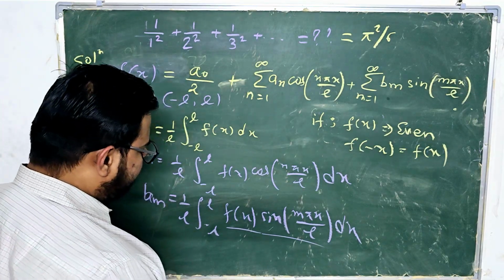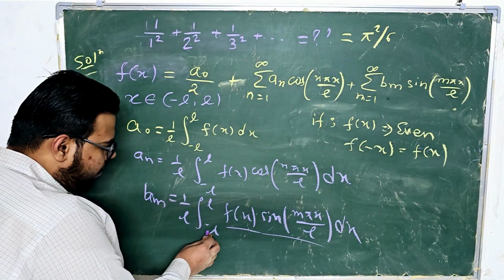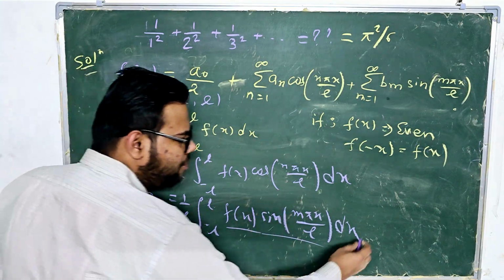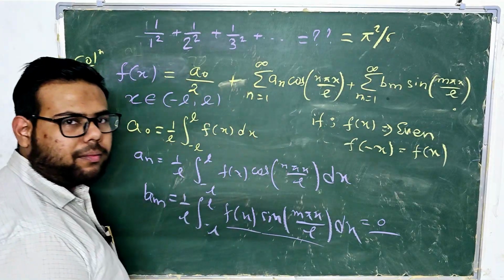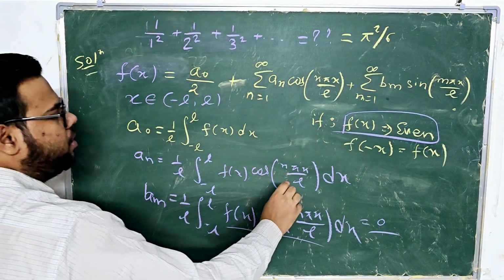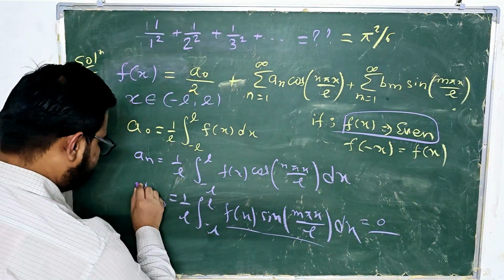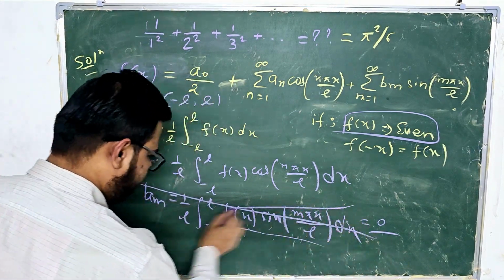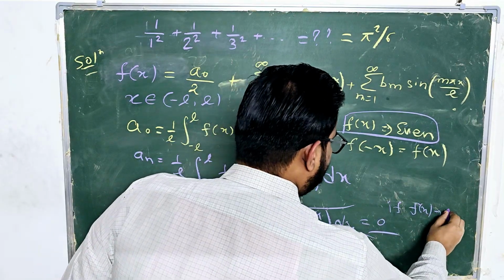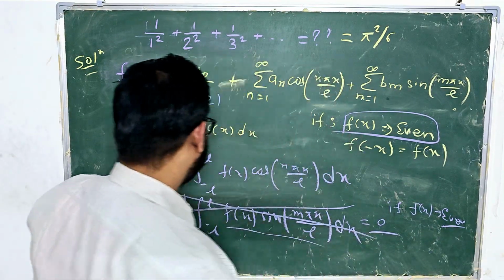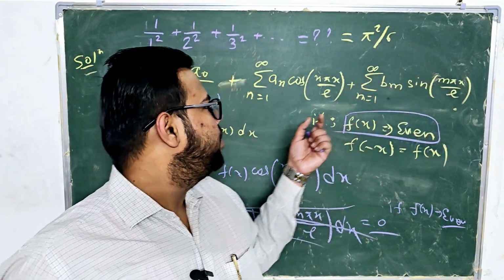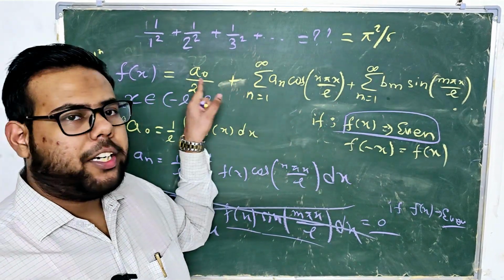So the integral from negative L to L of an odd function will be equal to 0. So if f(x) is an even function, then there is no sine term, and we can neglect this term and just work with these two expressions.